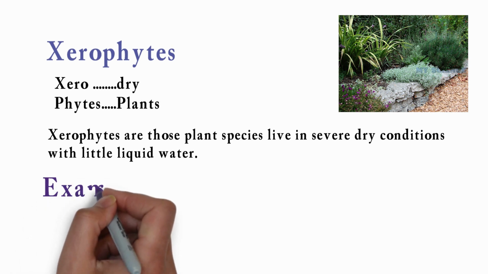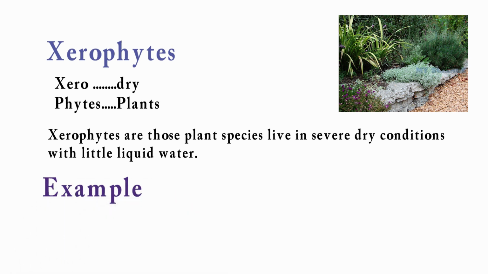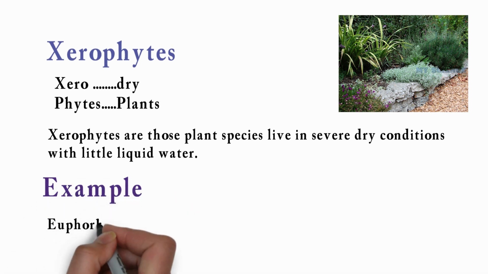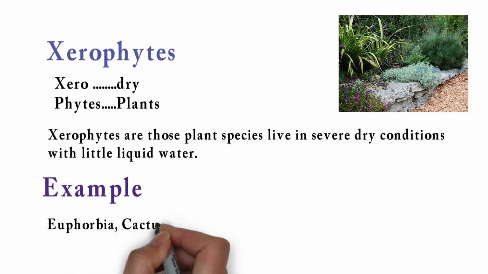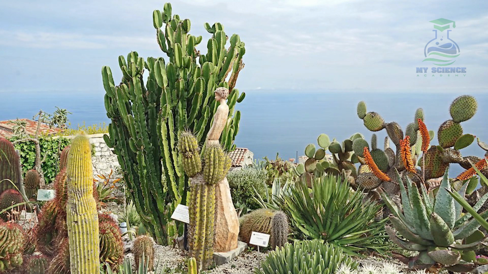The examples are euphorbia, cactus, etc. Here you can see in this diagram the xerophytic plants like cactus, euphorbia. These plants are living in extremely dry condition with availability of very little water.